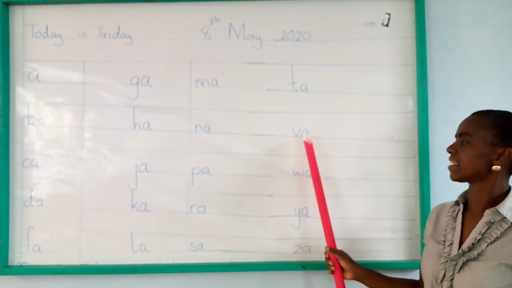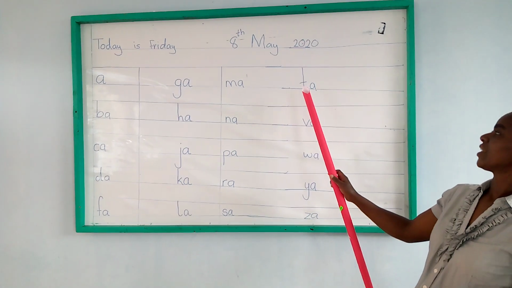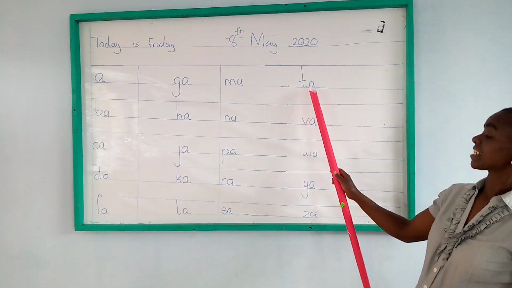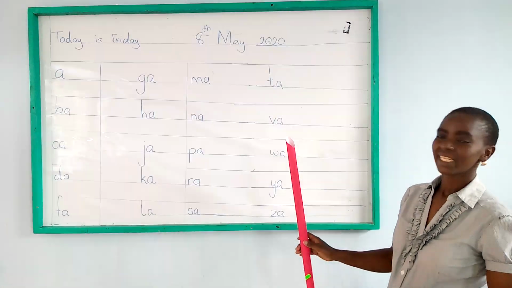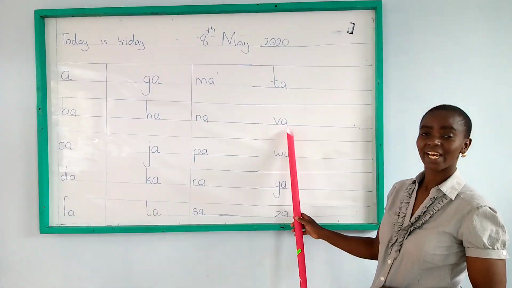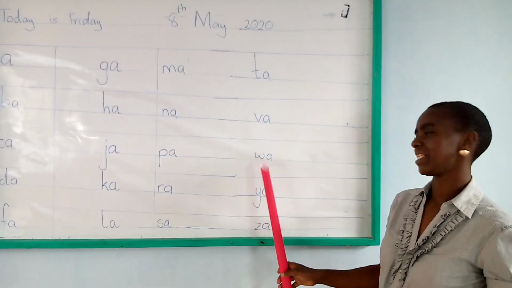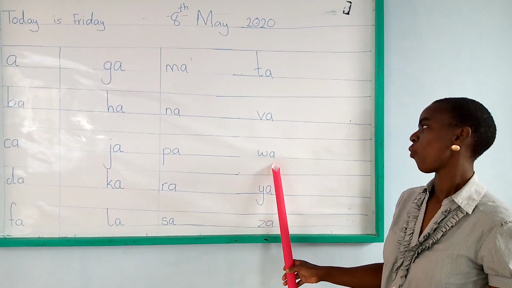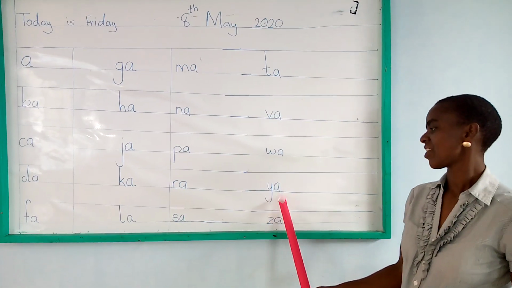Sound V and sound A, let's go back to sound T and sound A, it becomes Ta. Sound V and sound A, it becomes Va. Sound W and sound A, it becomes Wa. Sound Y and sound A, it becomes Ya.